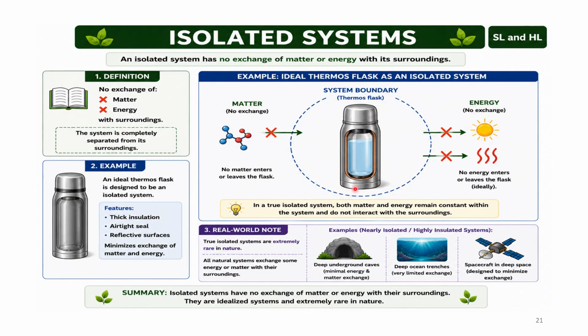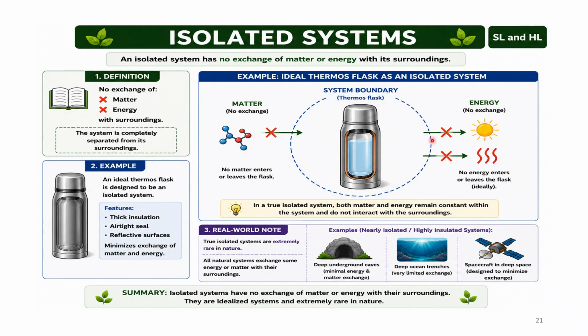The diagram highlights that both matter and energy are blocked at the system boundary. In a true isolated system, the total amount of matter and energy remains constant. However, perfectly isolated systems are extremely rare in nature. Most natural systems exchange at least some energy or matter with their surroundings.